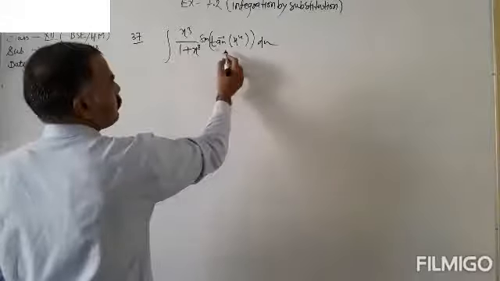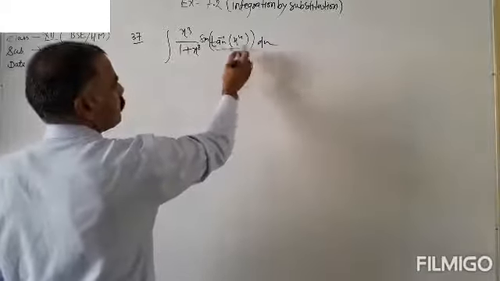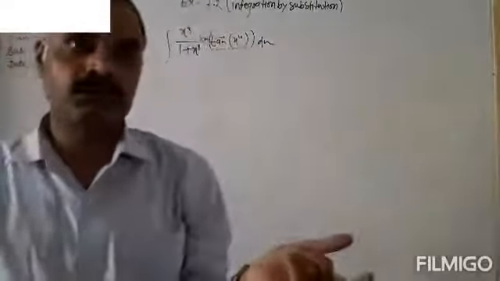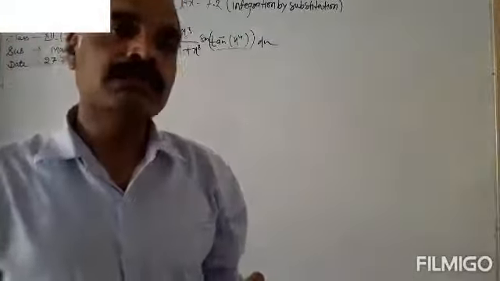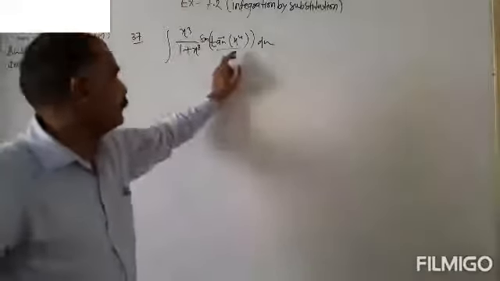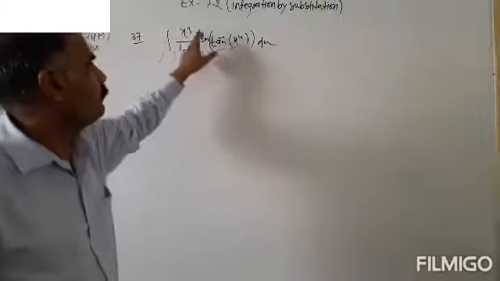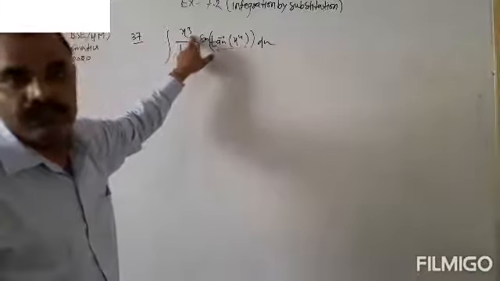We know that the differentiation of tan inverse x to the power 4 is 1 upon 1 plus x to the power 4 whole square, which means 1 upon 1 plus x to the power 8, and the differentiation of x to the power 4 is 4x to the power 3.